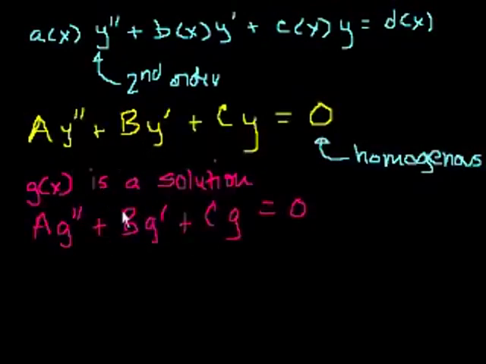These mean the same thing. Now my question to you is, what if I have some constant times g? Is that still a solution? So let's say some constant c1 times g. Is this a solution? Well, let's try it out.